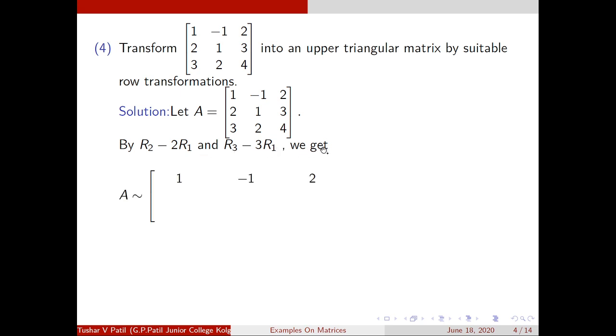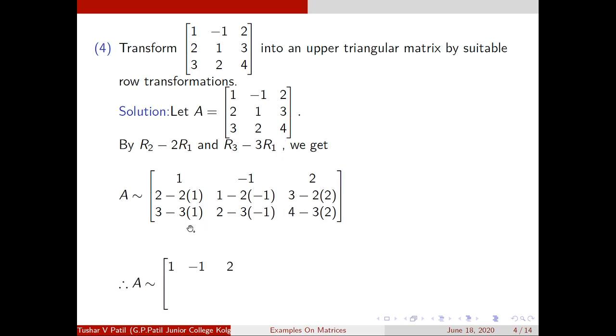We get here R2 minus 2R1. That means 2 minus 2 into 1, 1 minus 2 into minus 1, and 3 minus 2 into 2. Next operation R3 minus 3R1. That means 3 minus 3 into 1, 2 minus 3 into 2, and 4 minus 3 into 2.